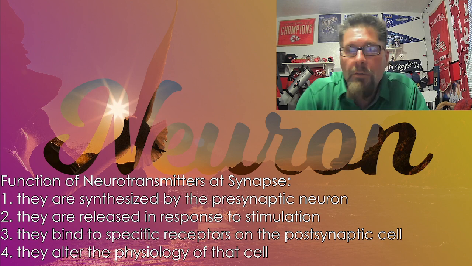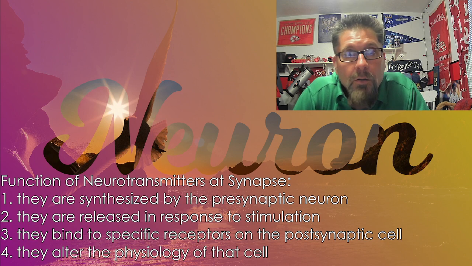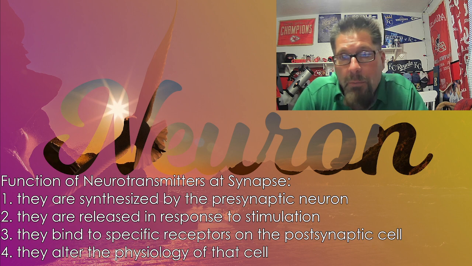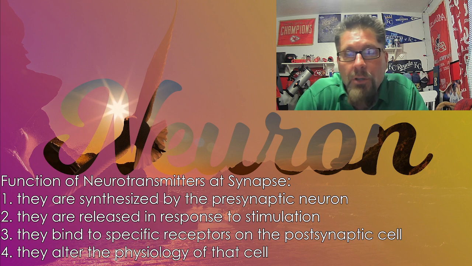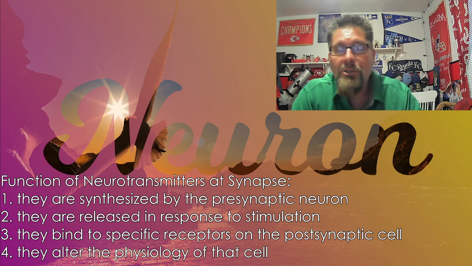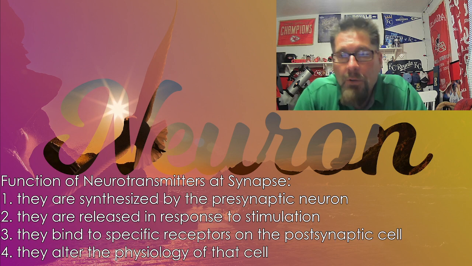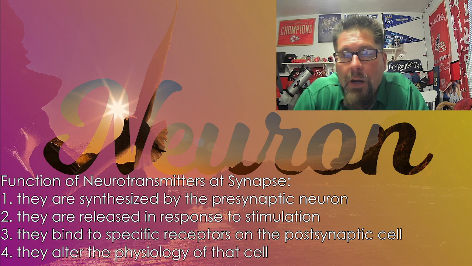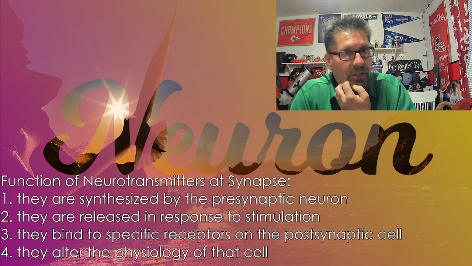Alright, so speaking of functions, when a synapse is occurring, neurotransmitters obviously play a big role because they're what's released. But they are made in the presynaptic neuron, and then they're released by that same neuron, and on the postsynaptic neuron there are particular receptors.